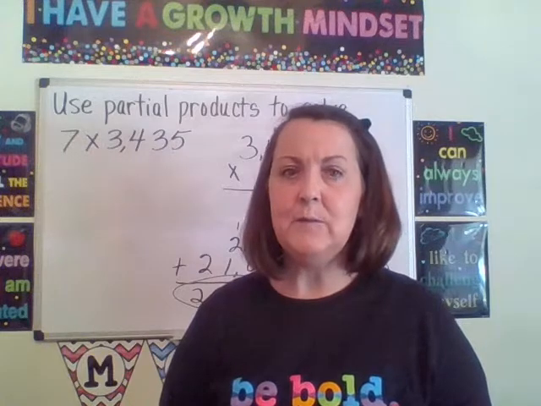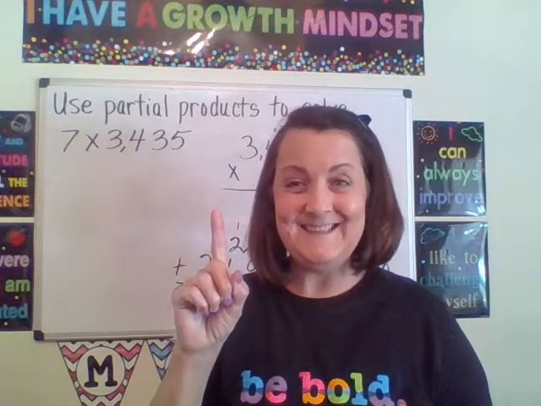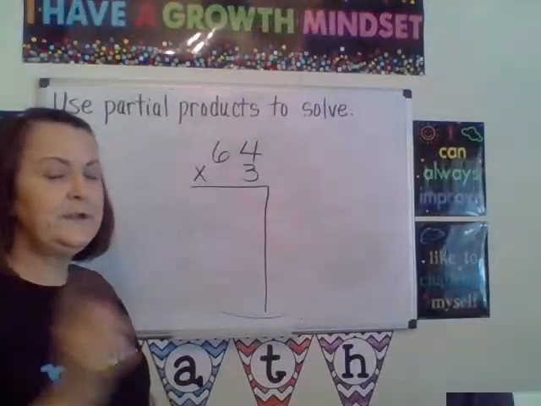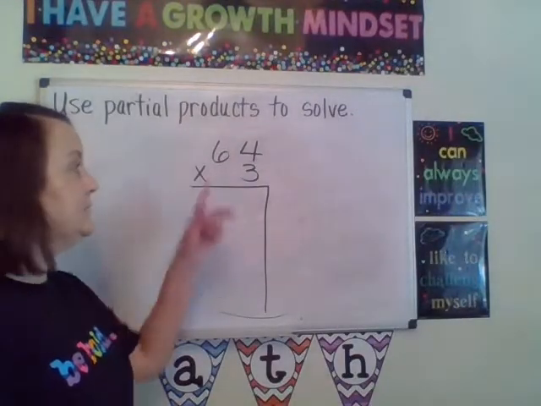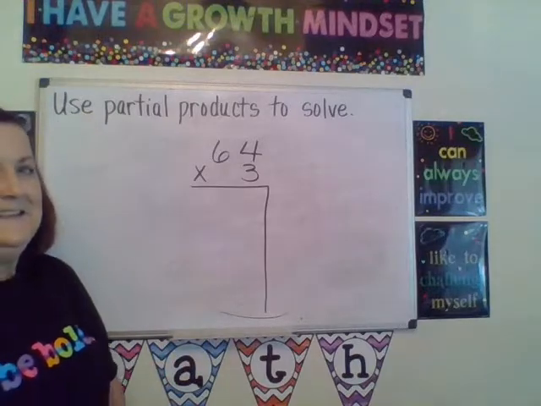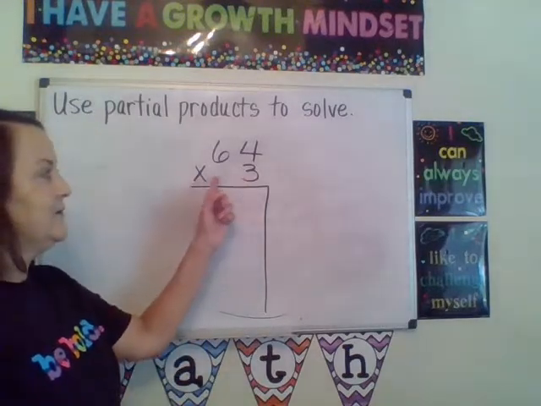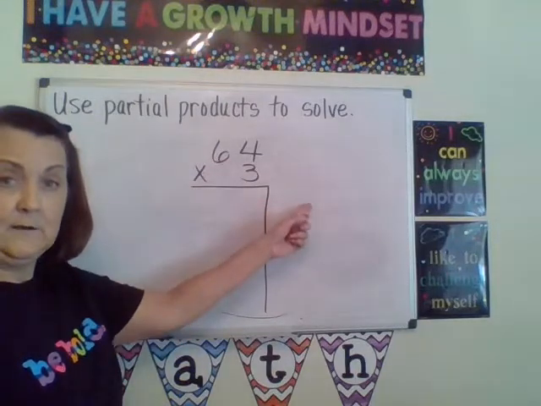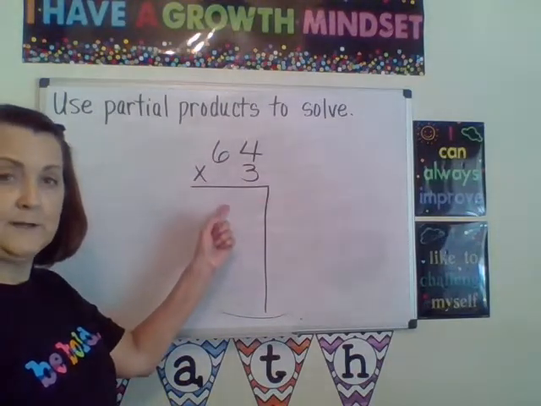All right, boys and girls, I'm going to give you one to do by yourself. And this time we'll make it a 2 by 1 digit. And I'm going to stop the video. All right, this one's for you guys. You only have to do a 2 digit by 1 digit. I've already set it up for you. So remember, you're going to take this factor and multiply it times the value of the ones place. You're going to write it out here and then put your partial product here.